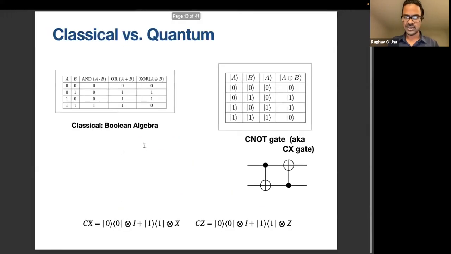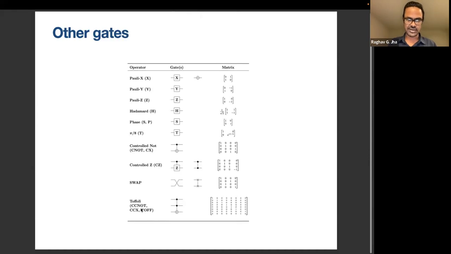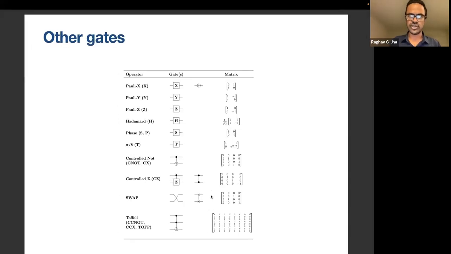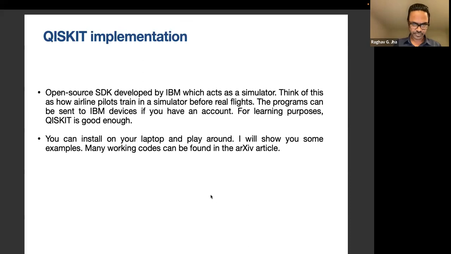So for example, there will be A, B, and C. Depending on the situation where A and B both are high, C will be flipped. So we can construct an equivalent table for the CCNOT gate, and that's an 8x8 matrix. So these are some of the gates, 1 qubit, 2 qubit, and 3 qubit gates, which are used to transform the initial states in quantum computing, digital quantum computation.